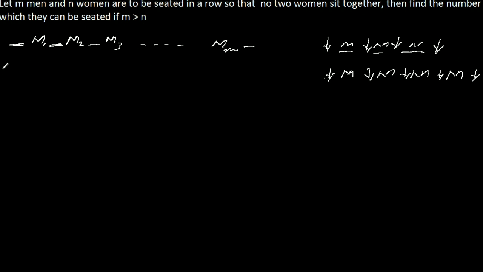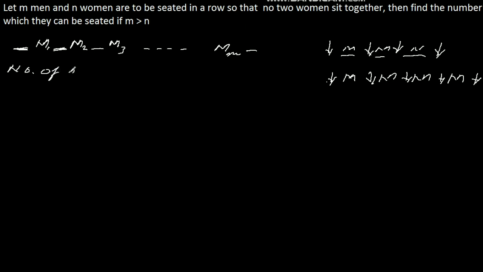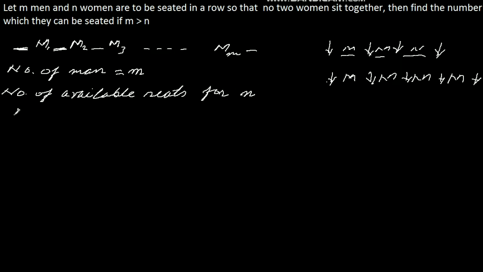So if the number of men is equal to m, the number of available seats for n women is equal to m plus 1. So now we have to fill m plus 1 seats with n women.